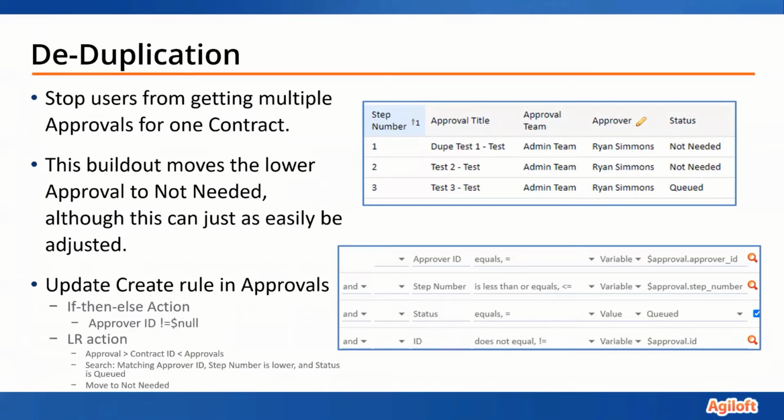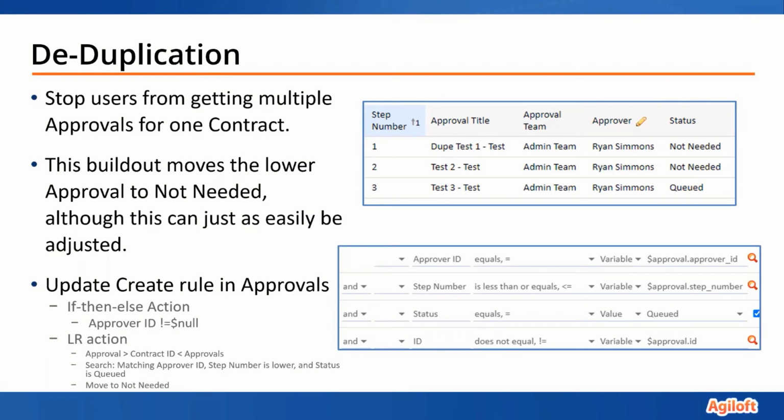And then the status is queued. I also like to make sure that the actual record IDs don't match up to prevent an approval record from canceling itself. And then we are going to move any of those approvals to the not needed status.